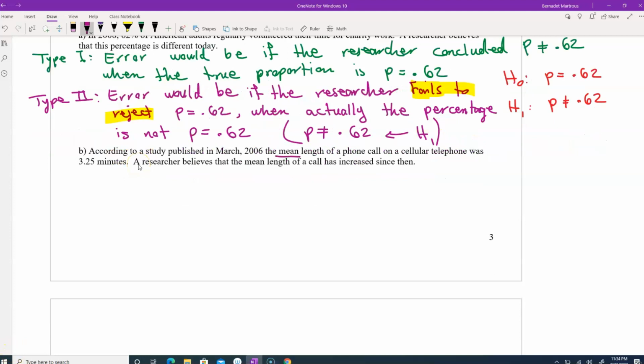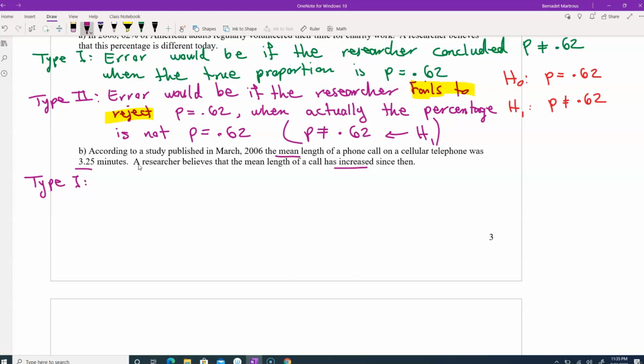This one is mean, here is 3.25, and this part was increasing, so researcher believes that mean length of call has increased. So what type 1 is? Error would be if researcher concludes that mean is greater than 3.25 and the calling is still 3.25.